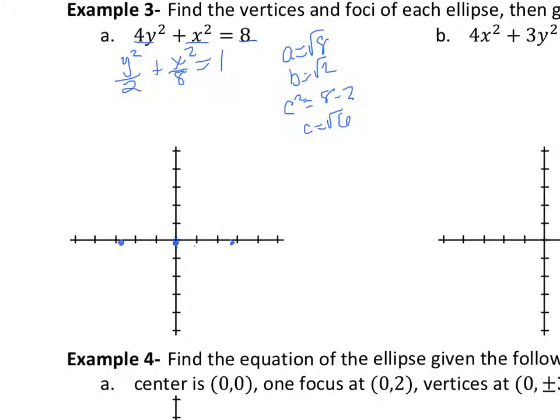Now, where are our vertices then? At root 8 and 0, and negative root 8 and 0. For b, we go root 2, which is 1 and some change. And there's the ellipse.